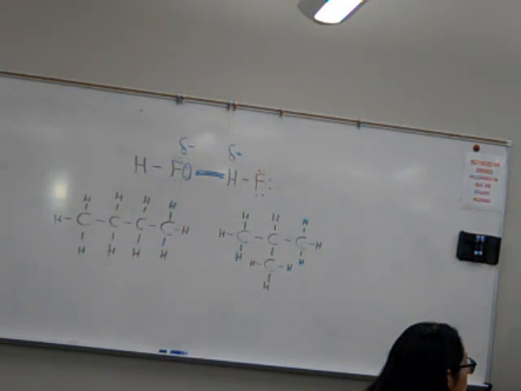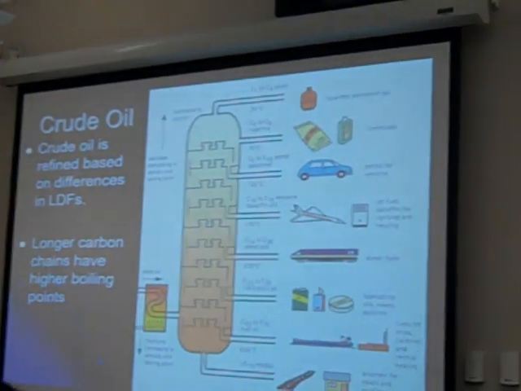So essentially, one of the things you notice is that the longer these carbon chains are, the higher the boiling point, right? The boiling points get actually considerably larger than something that has hydrogen bonding, like water, for example.